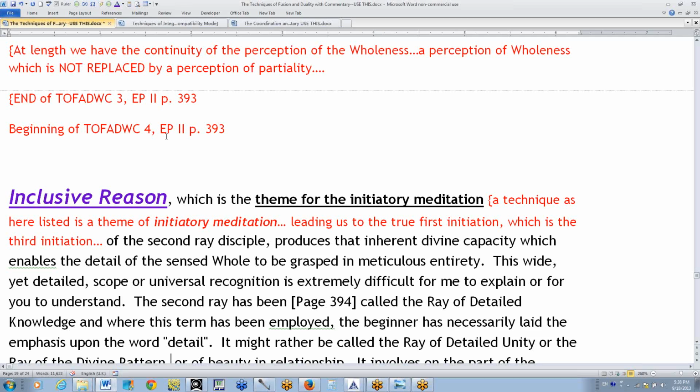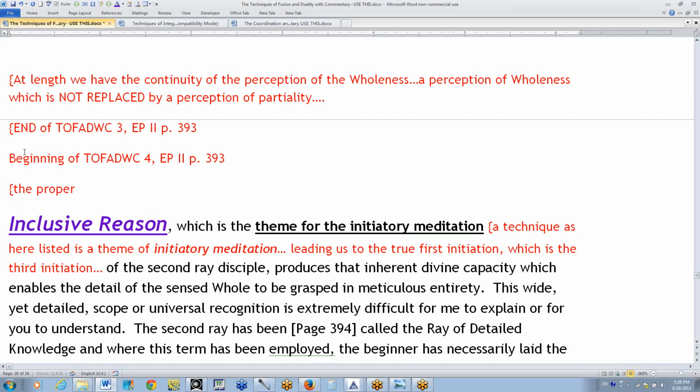But anyway, although he has not said this is the technique, you can pretty well gather that the proper kind of meditation upon these keynotes or themes produces the technique.